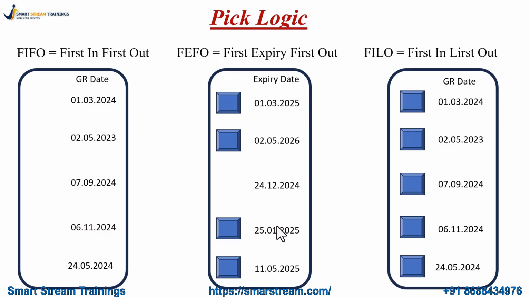So among these, the last but one will be issued, and later the first one, later the bottom one will be issued, and the remaining product is going to expire in the year 2026, so it has a longer period of time. After issuing all the remaining products, if the system wants to pick another product, that is the 2026 one. So this product will be issued. This is how FEFO works: first expiry, first out.